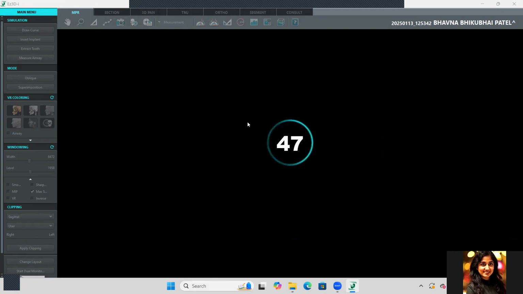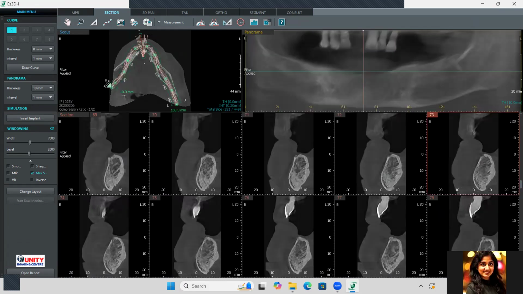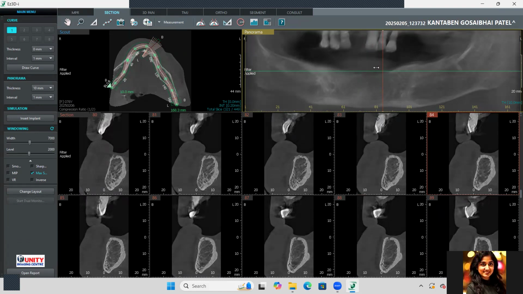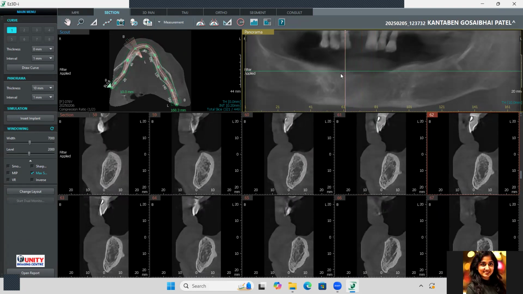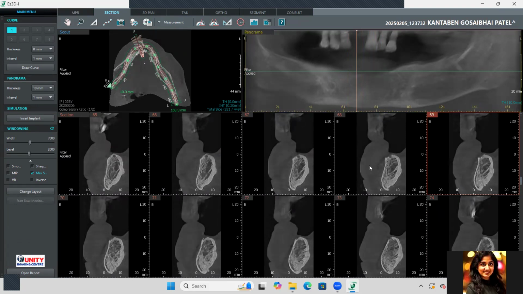When you see that the patient has moved during the CBCT, when the machine is taking the scan and the patient has moved, how do you know? What happens is you are able to see a double cortical plate.